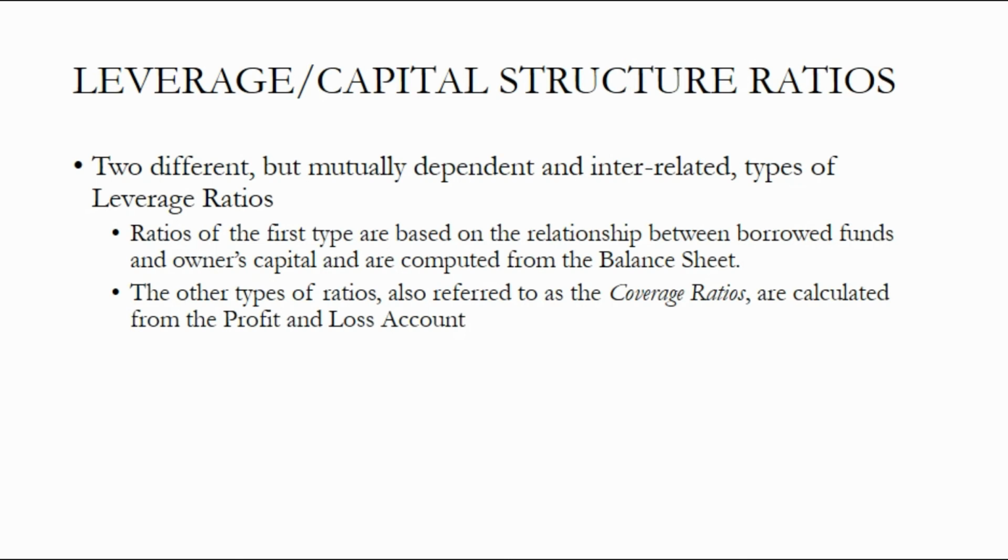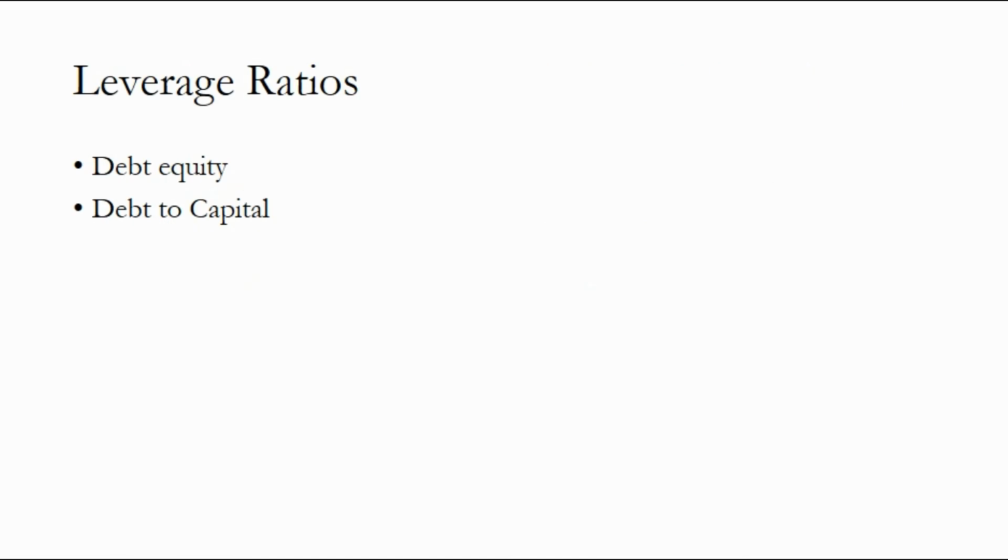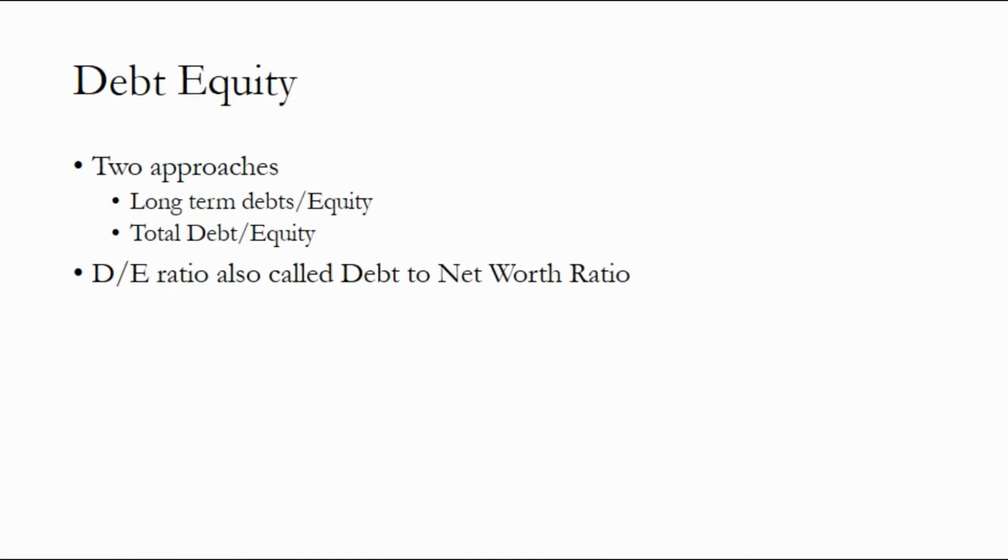So there are two different but mutually dependent and interrelated types of leverage ratios. The ratios of the first type are based on the relationship between borrowed funds and owner's capital and are computed from the balance sheet. The other types of ratios, also referred to as coverage ratios, are calculated from the profit and loss account. So leverage ratios are debt equity and debt to capital.